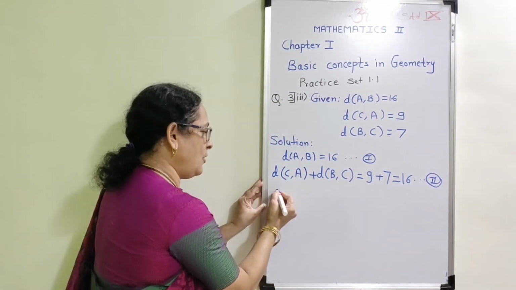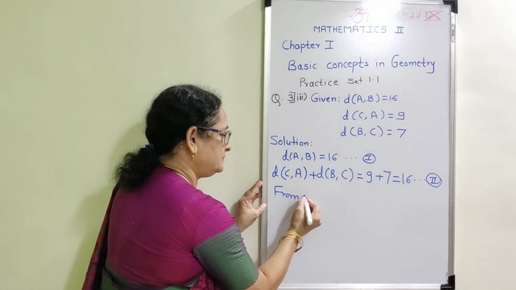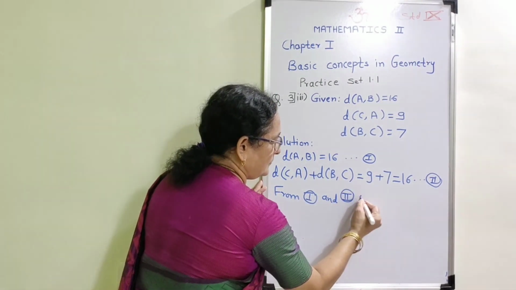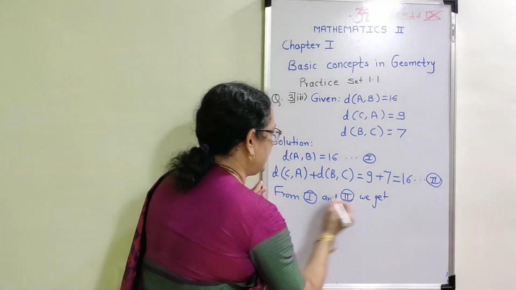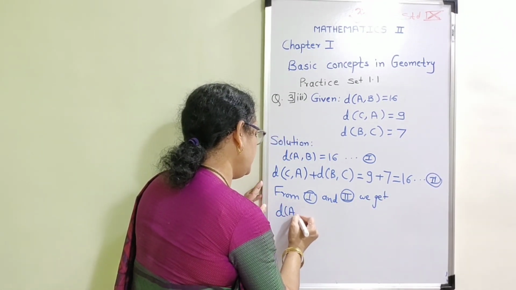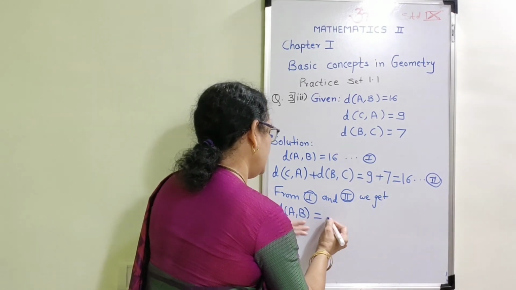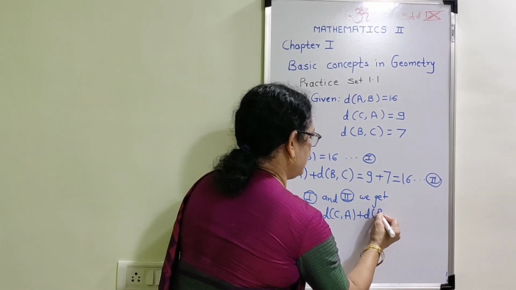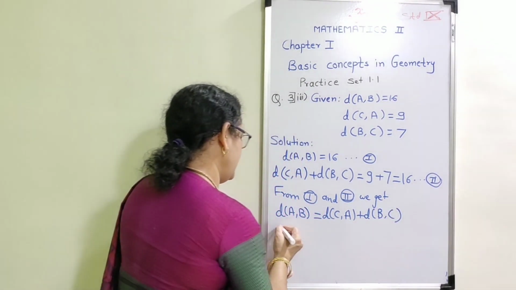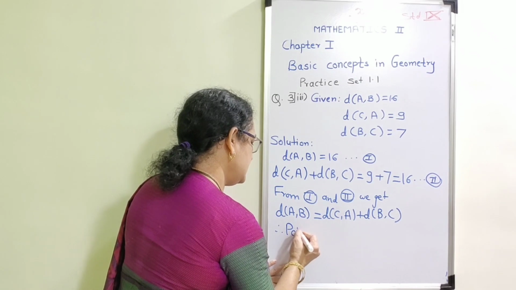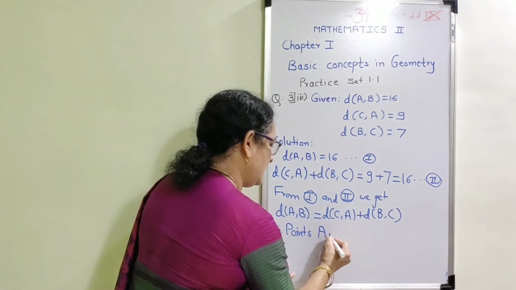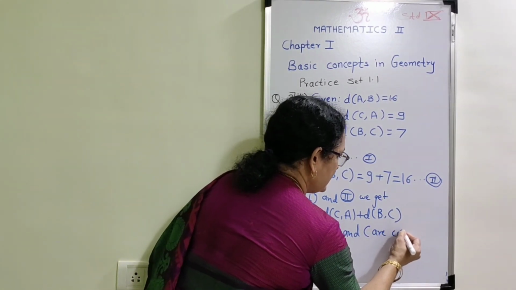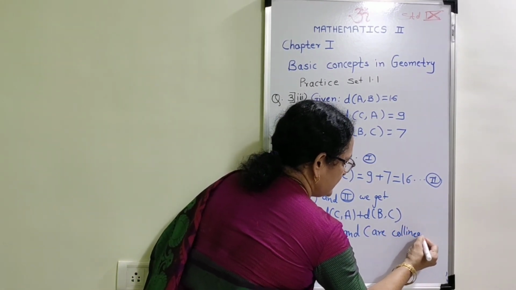Now again from 1 and 2 we get distance AB is equal to distance CA plus distance BC. Now therefore points A, B and C are collinear. This is our first decision.